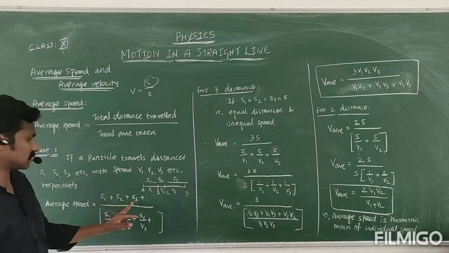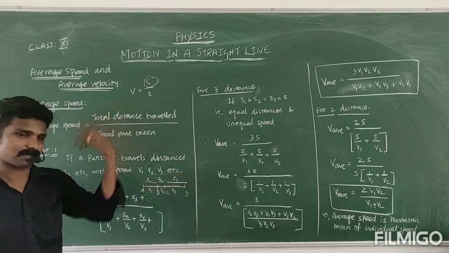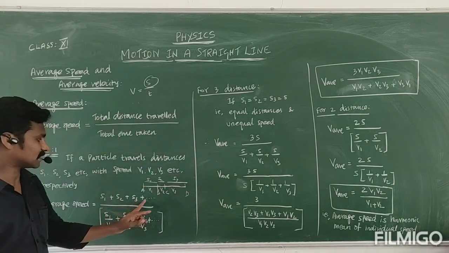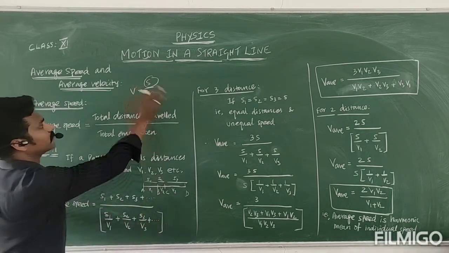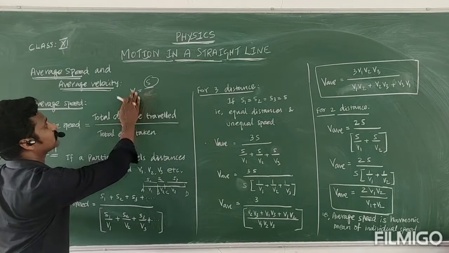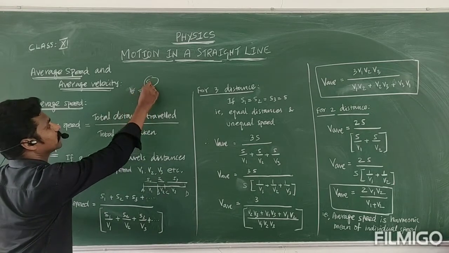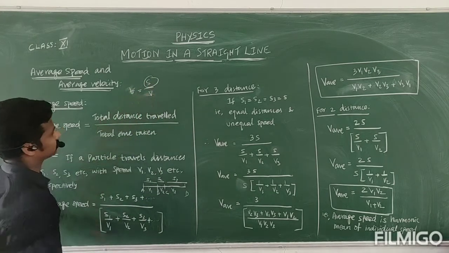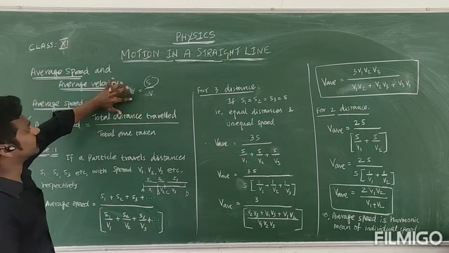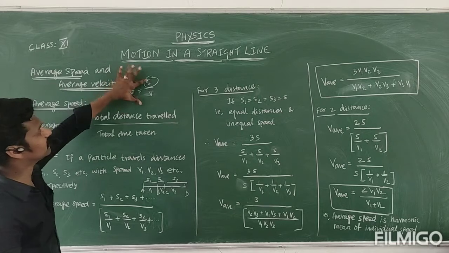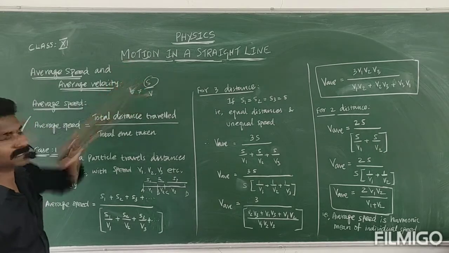I want to add all the distances, so S1 plus S2 plus S3, etc. Divided by time. Time is equal to distance divided by speed. So instead of time I can write distance divided by speed.